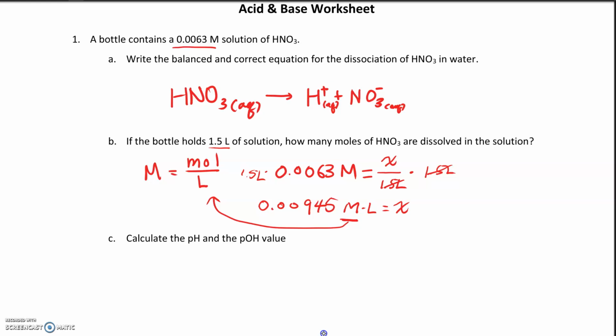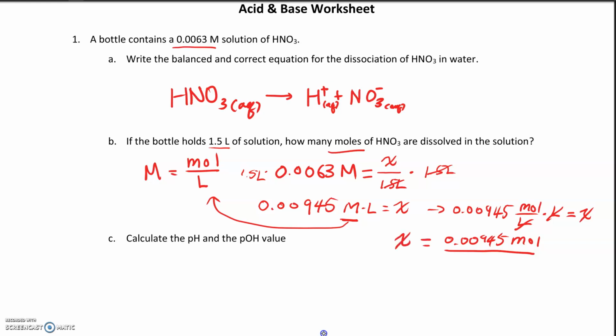So we can substitute that in, leading us to write 0.00945 moles over liter multiplied by our liter, which then tells us that the liters can divide out, and you end up with 0.00945 moles for our X. And notice we got our units correct with the moles. So, this is how we solve 1b.